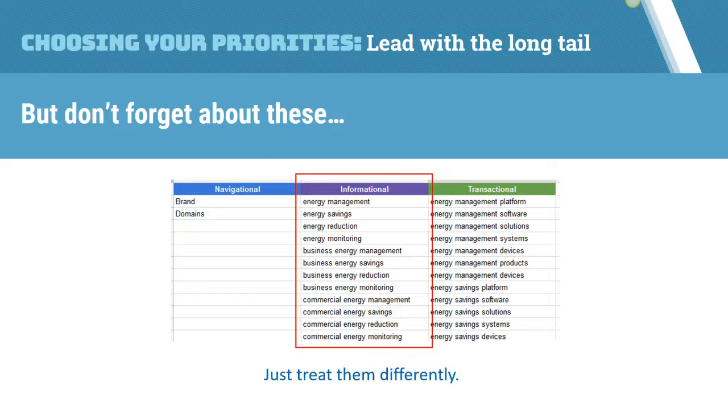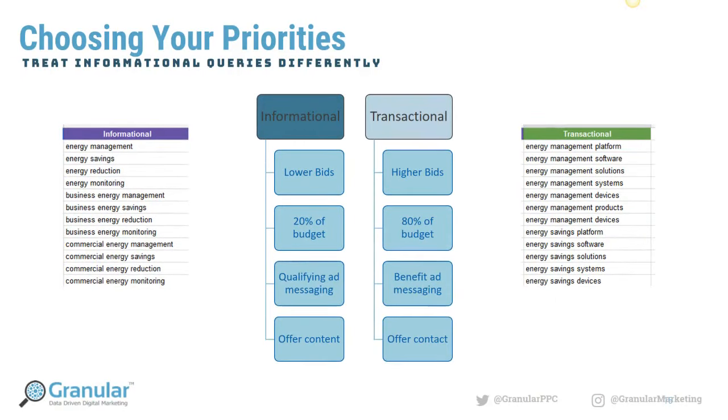You just want to treat them differently. And I've got an example here of how you might treat those informational queries differently. You can see on the left there, my informational queries. I might have lower bids, a lower percentage of my budget, and qualifying ad messaging, where I'm actually saying who should be interested in what I'm offering.